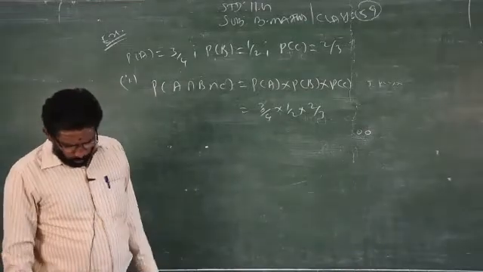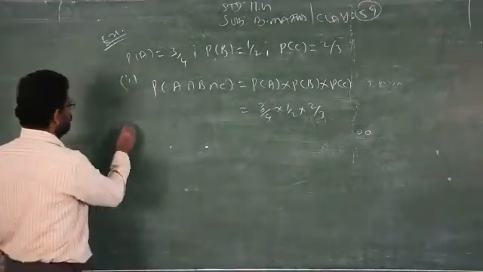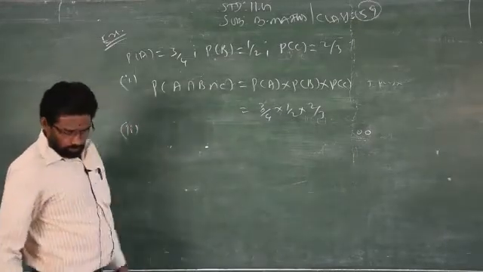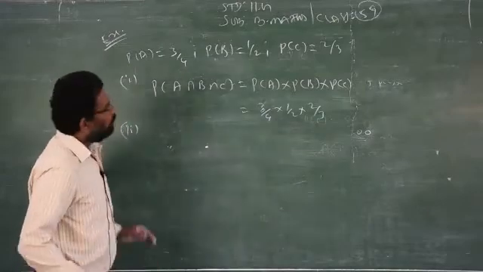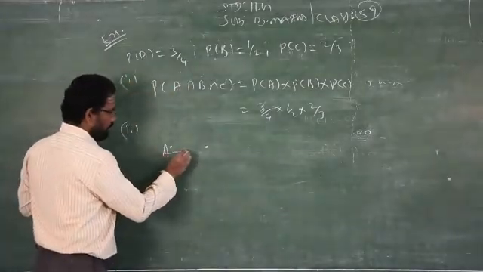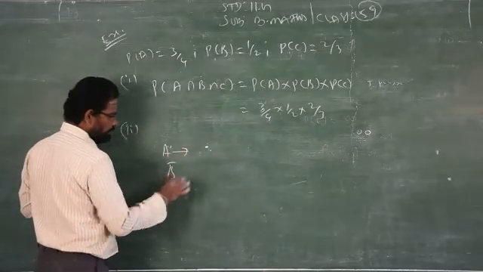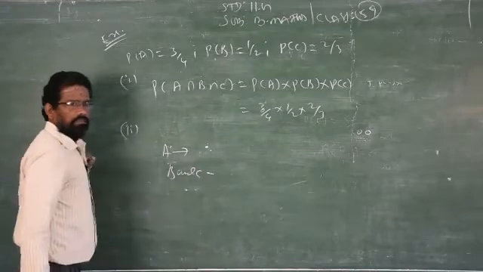Clear? Next, only one of them hits the target. Question number 2. Only one of them hits the target. Suppose when A hits the target, B and C are not necessary.